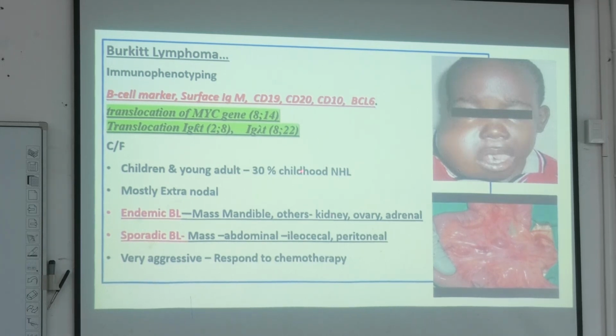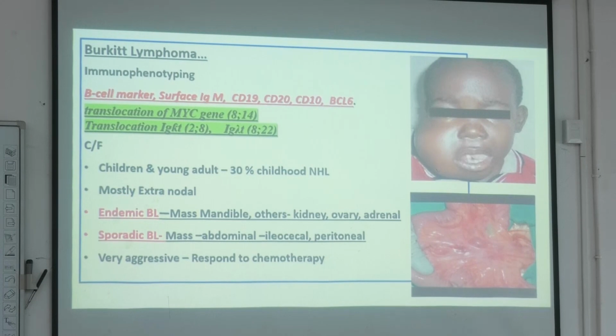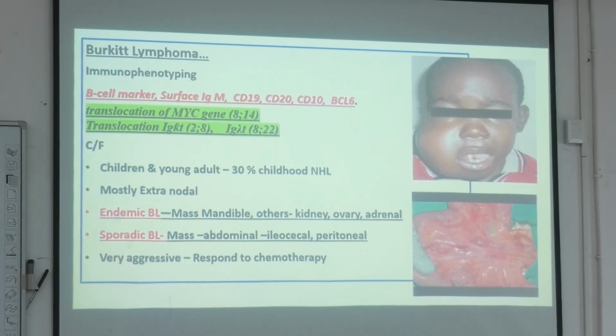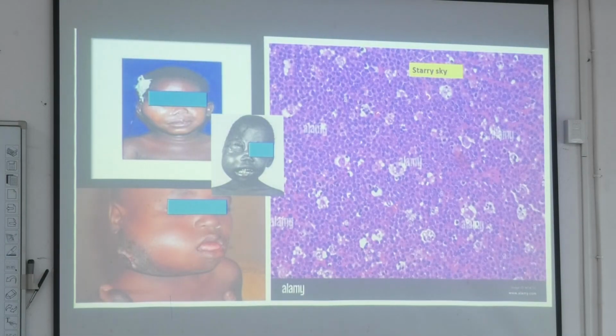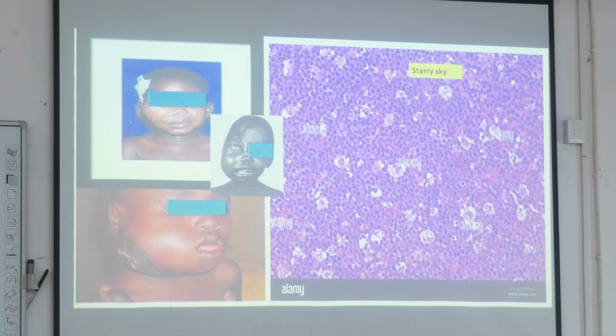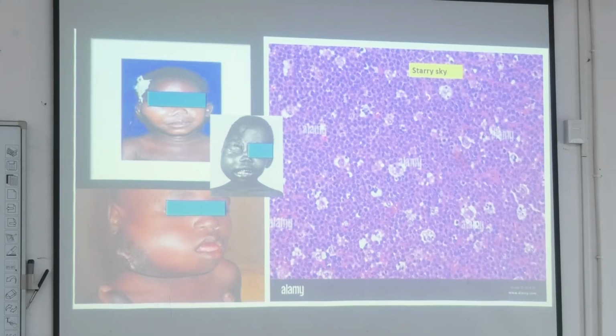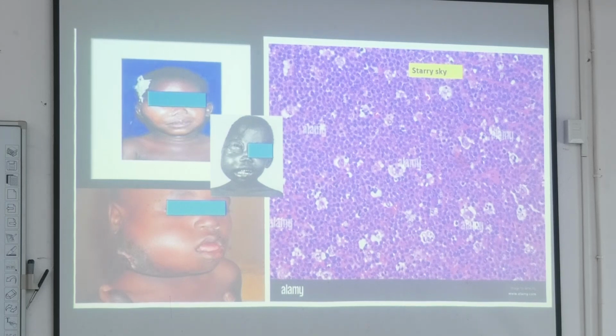So these are the things the patients present with. Endemic area is the African type, non-endemic is the sporadic type, usually Asian people are affected. And due to proliferation of these cells and excessive apoptosis, it gives rise to a starry sky appearance.